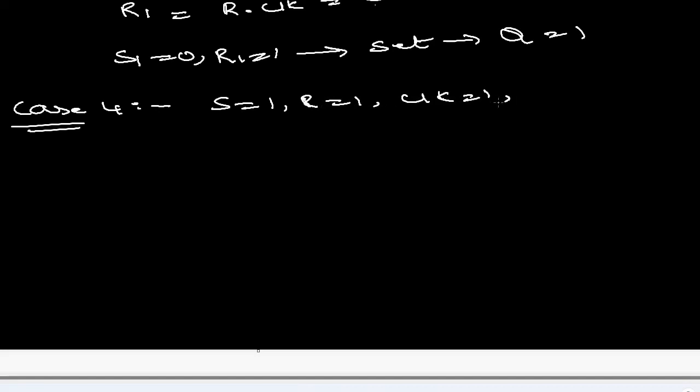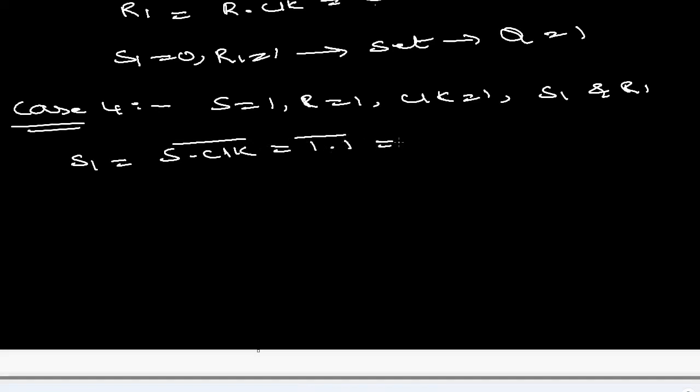Now coming to fourth case. Fourth case is when S equal to 1, R equal to 1, clock is 1, we have to find out S1 and R1. So S1 equal to S into clock complement. So S value is 1, clock is 1, so the output will be 1. So 1 complement is 0. R1 equal to R into clock complement.